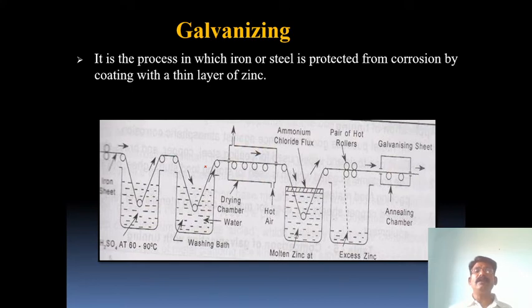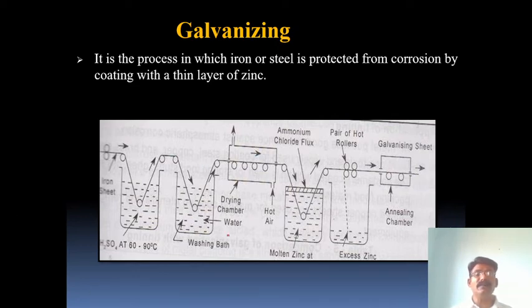First of all, we have to clean the sheet well with acidic and basic conditions, and wash with organic solvents. The iron sheet is cleaned with acid at a temperature of 60 to 90 degrees centigrade.